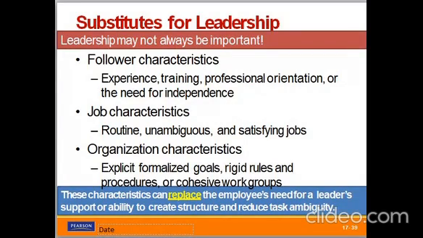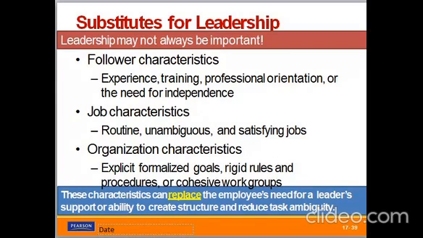But there are certain situations where leaders play a very dominant role or are much less important. Such situations arise because of three characteristics. First, if the follower or subordinate is well experienced, trained, with expert skills, and is a workaholic, then in such a situation they don't need a leader to motivate them.